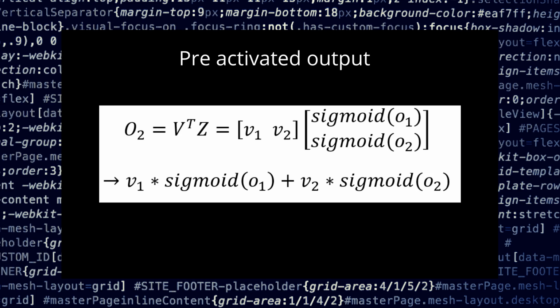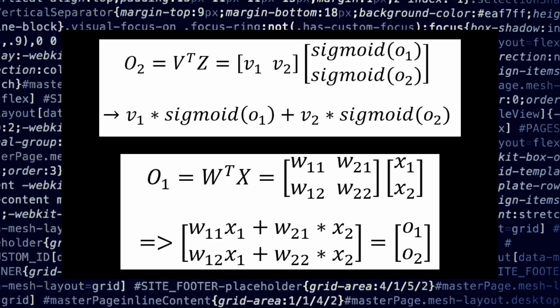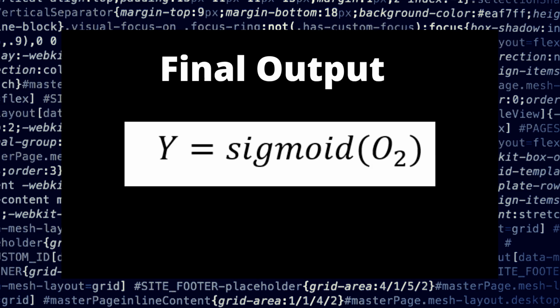Now, this basically gives one line, and that makes sense because our Y value here is only one output and only has one node. This value is V1 multiplied by sigmoid O1 plus V2 multiplied by sigmoid O2. Notice the similarity to our first hidden layer output formula. Our input here is in essence Z, and our weight function is transformed in a way to V. Finally, we enact the sigmoid activation function on O2 to actually get our real output.